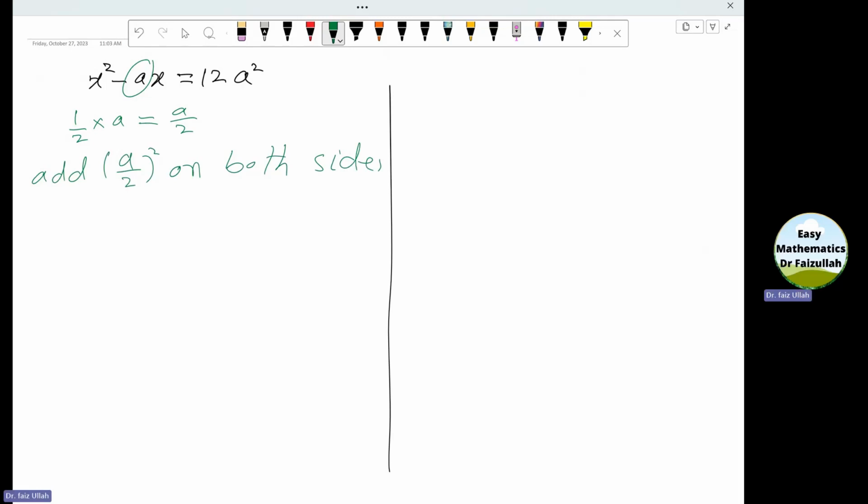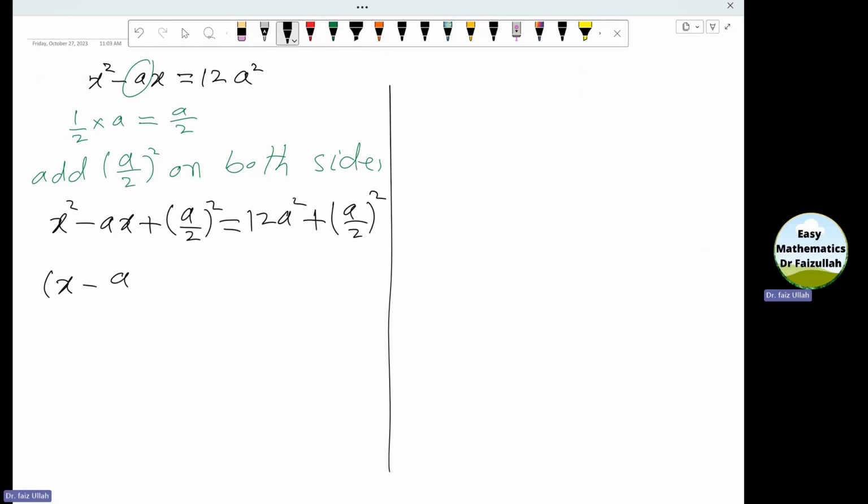So we have x square minus ax plus a divided by 2 whole square is equal to 12a square plus a divided by 2 whole square.